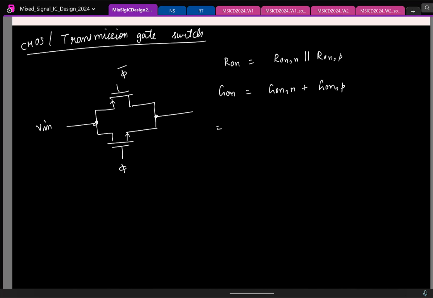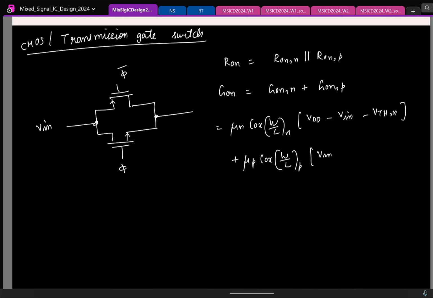So I will directly write the thing. For NMOS, the conductance was mu_n COX W by L times VGS minus VTH. For the PMOS, the same thing. Let me quickly write it. It's V in minus mod VTHP, right?